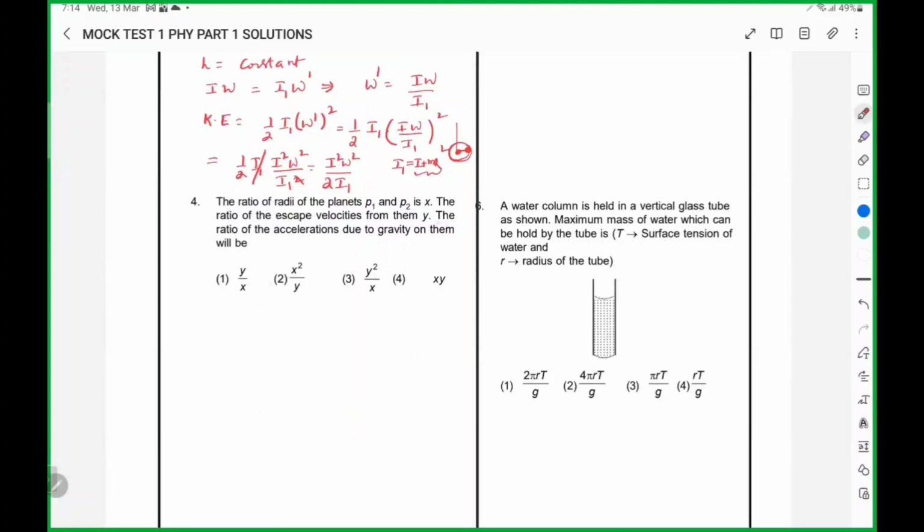So the ratio of accelerations due to gravity: here g is GM by r square. Here the ratio of radius of the planet is given and the ratio of escape velocity is given. So let R1, R2 be radii of planets.